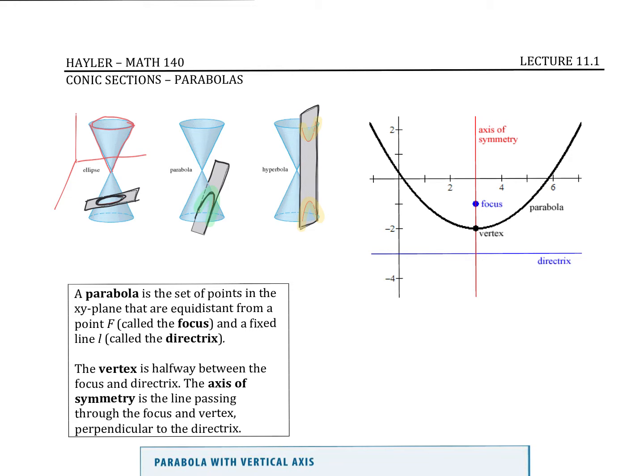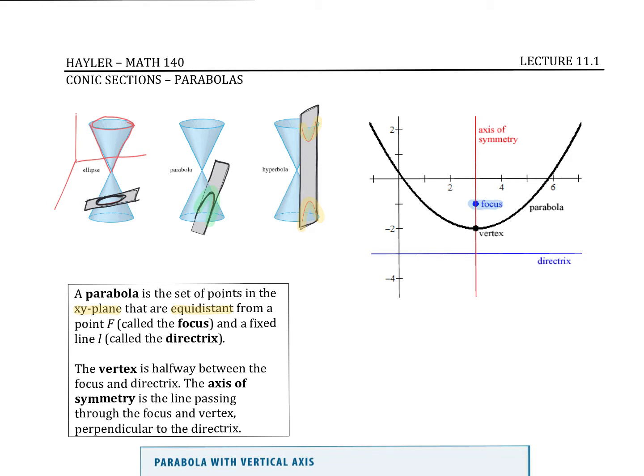So what are some of the main things we have when we're looking at a parabola? Well, a parabola is a set of points in the XY plane, so in 2D, that are equidistant. What does equidistant mean? That means the same distance, equal as in same, from a point F, capital F here, called the focus. Let me go ahead and highlight that here.